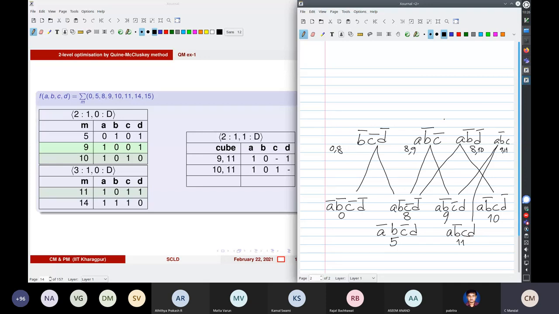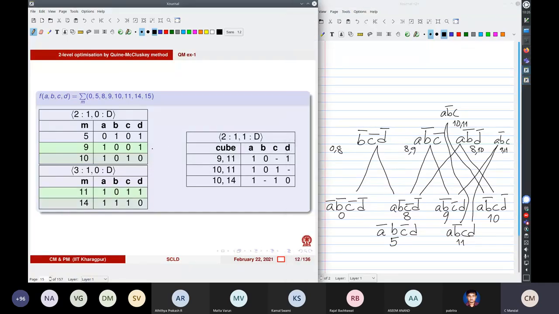So you will get A, B bar, C. If you combine 10 and 11, this is what you get: A, B bar, C. And you can also combine 10 and 14.